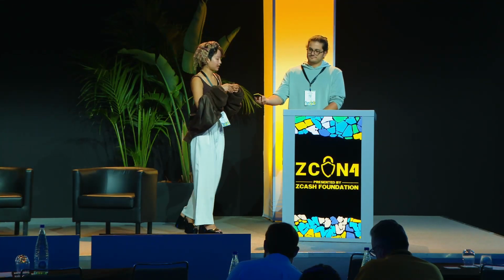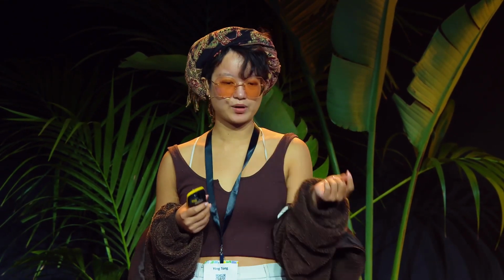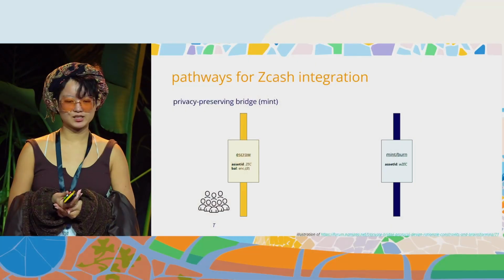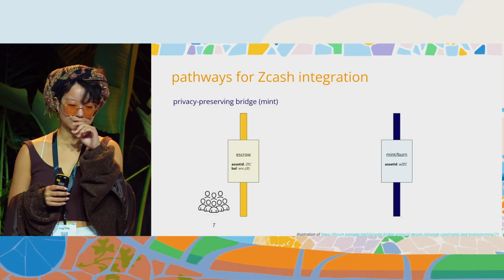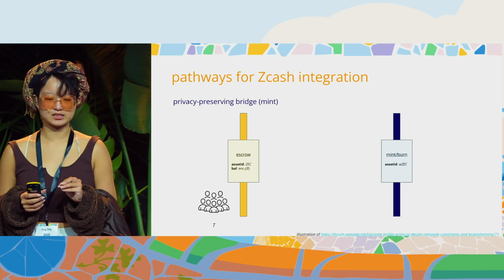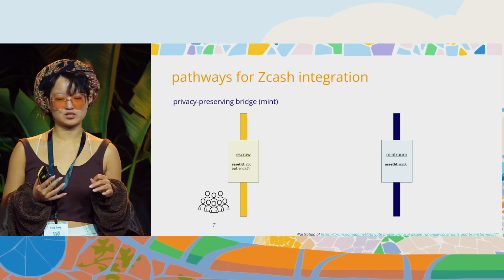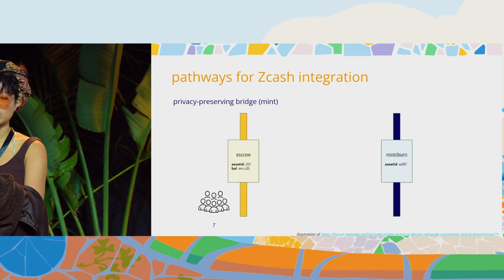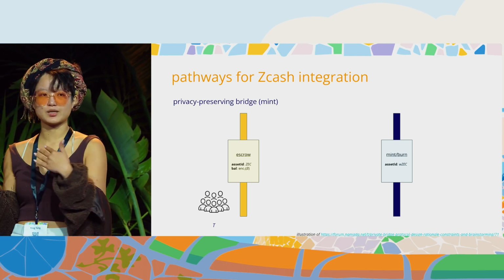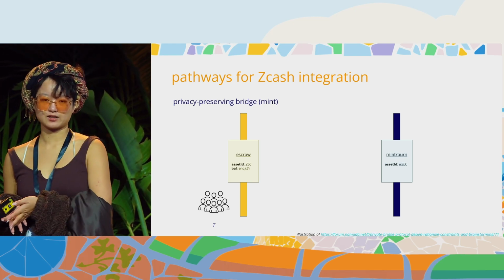Right, and so this is another idea that I stole from the ANOMA team, for a privacy-preserving bridge. The idea here is to not introduce that much programmability on Zcash, but rather to introduce a privacy-preserving bridge to, let's say, ANOMA or some other protocol that does have native programmability.